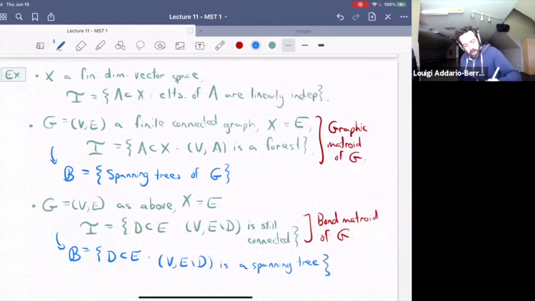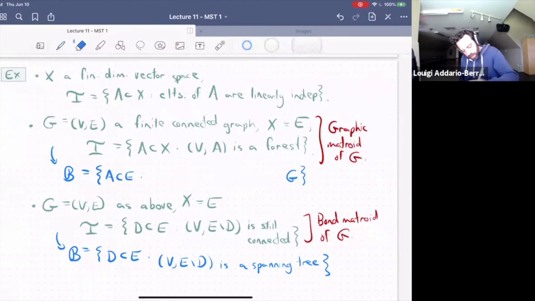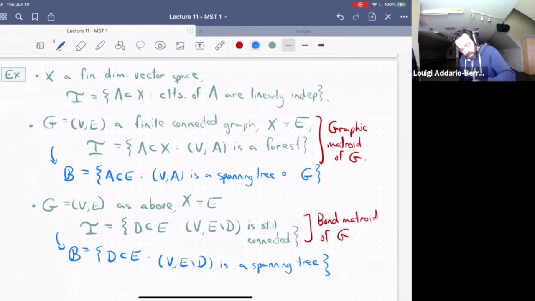Okay, so maybe it would be a good idea to be a little more precise up here. Here I could say sets A of edges such that (V, A) is a spanning tree of G. Okay, and so you can see that these two structures are pretty closely related to one another, right?